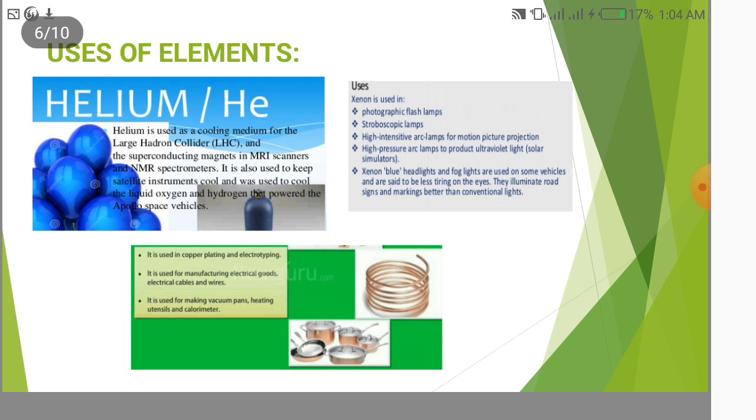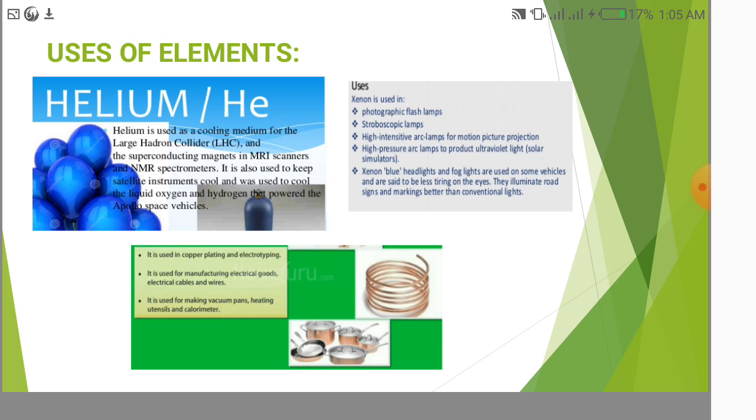Next, we are going to discuss the uses of elements. Here we are going to discuss helium, xenon, copper, and mercury in a thermometer. First, helium. Liquid helium is very cold, which makes it ideal for cooling the magnet in the medical scanner.